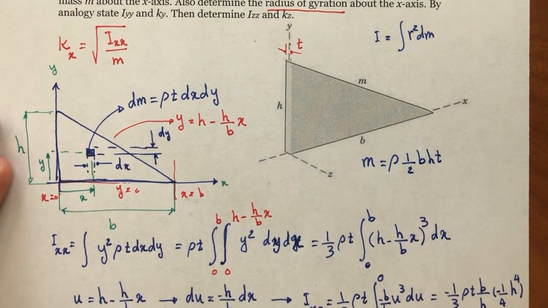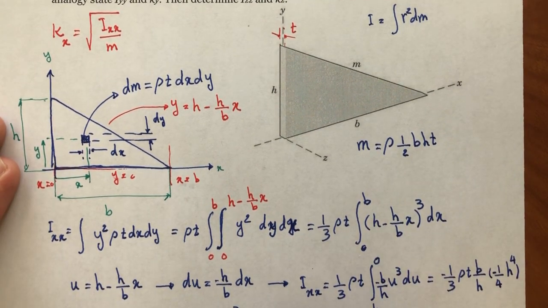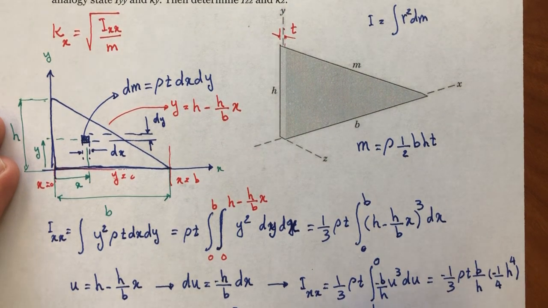This is the volume, right? So I need to separate the same thing from here and replace it with m. So if you separate this from here, the remaining is going to be 1 over 6, 1/2 of rho bht, which is the mass, and the remaining is going to be h squared.